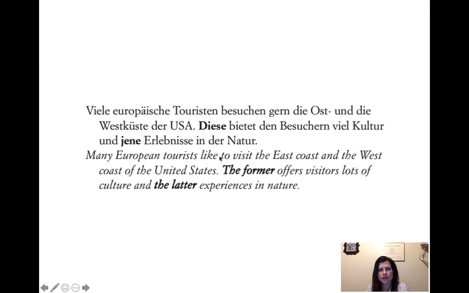The former, that would be the East Coast, offers lots of culture. And then jene, the latter, meaning the West Coast, experiences in nature. This is implying that people from the West Coast don't have culture or something? I think we've got culture to offer visitors as well in der Westküste.